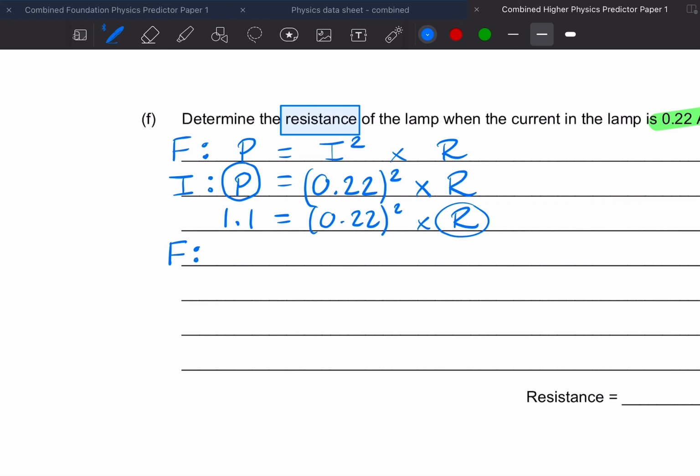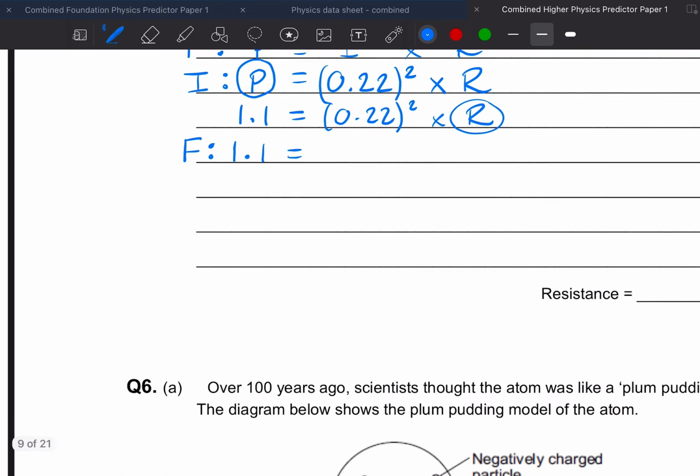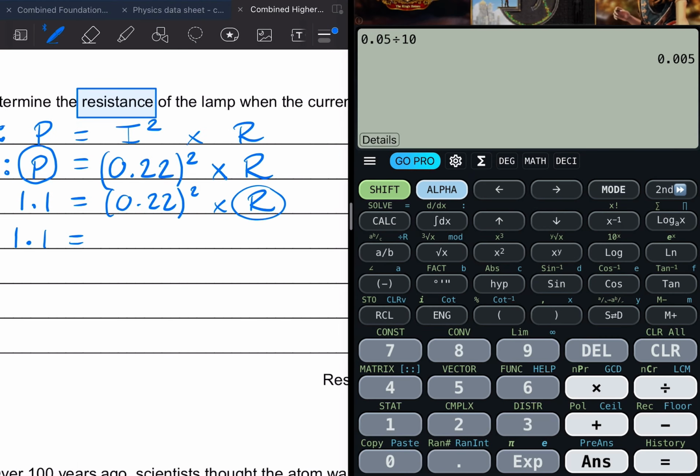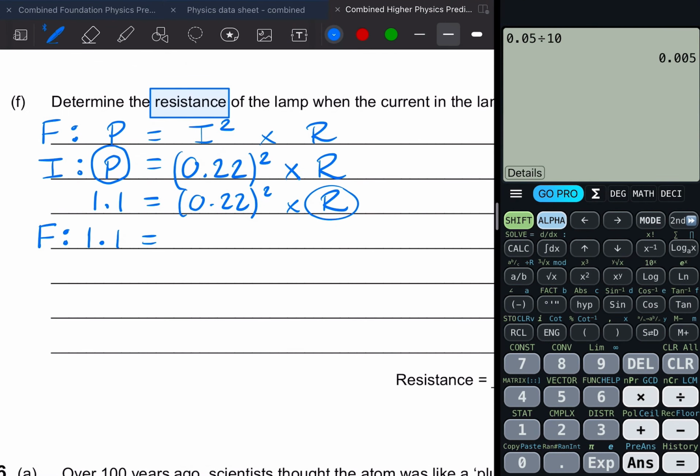What I'll do before I even do that is get that 0.22 squared out of the way, because quite often when I mark exam papers, that's the thing that happens. People do everything right, but they forget to actually do the square there, and then they end up losing a mark. So let's just get that out of the way. We'll leave that as 1.1 is equal to, and we'll do that squaring now. So 0.22, and we'll square it just by using the square button.